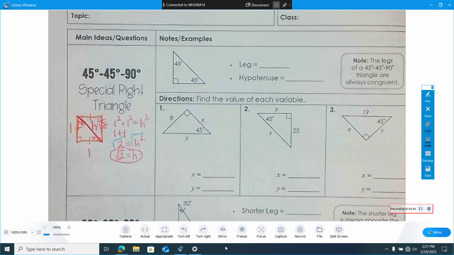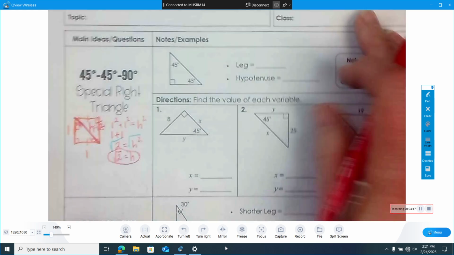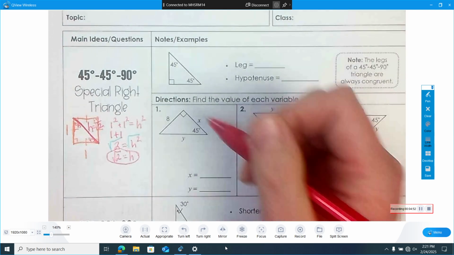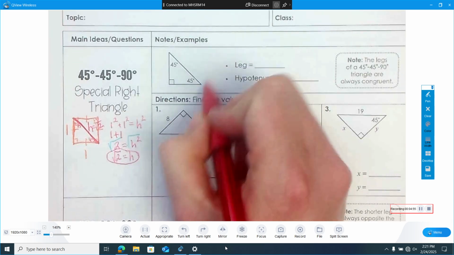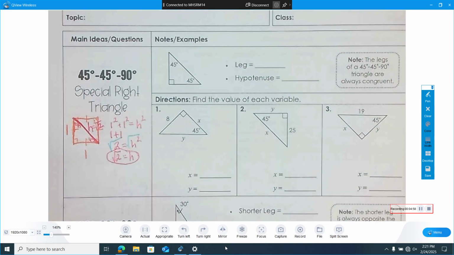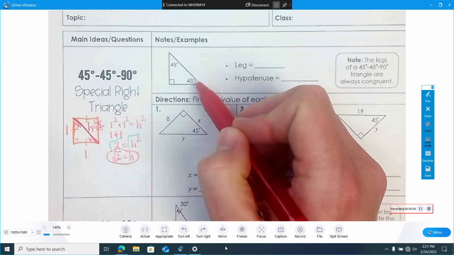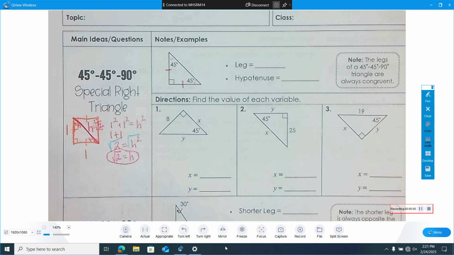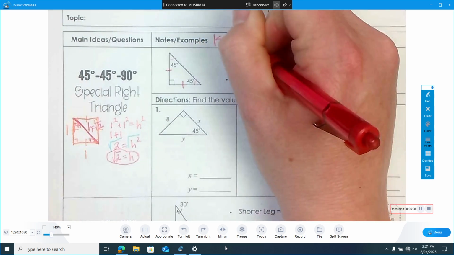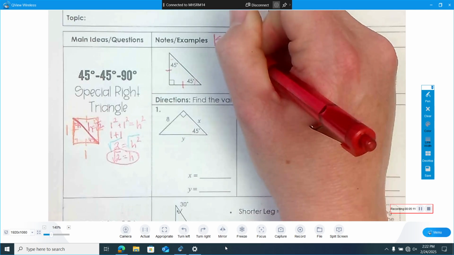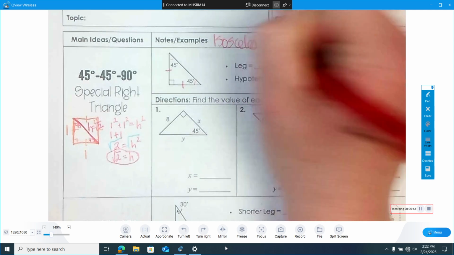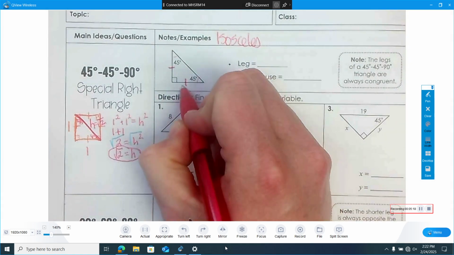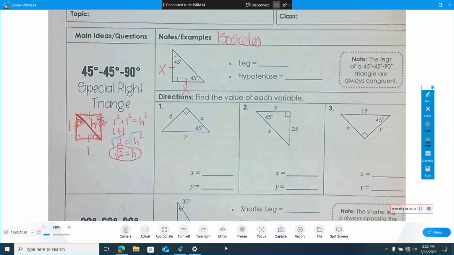Okay? So, to summarize, I really need you guys to pay attention. We have a 45-45-90 triangle. Because the angles are the same, we also have 2 congruent sides every single time. Our triangle is isosceles here, which means both of these sides are some length x.